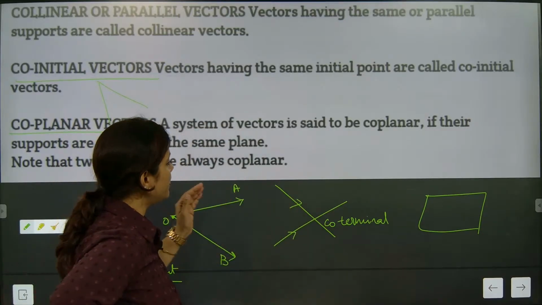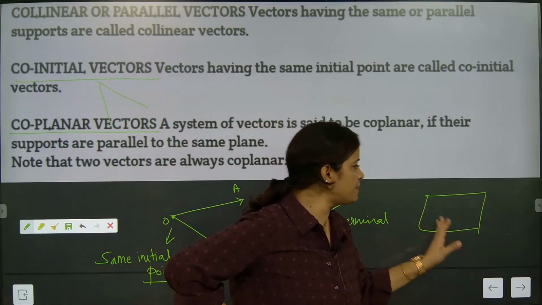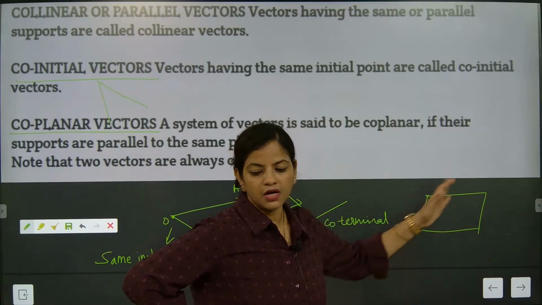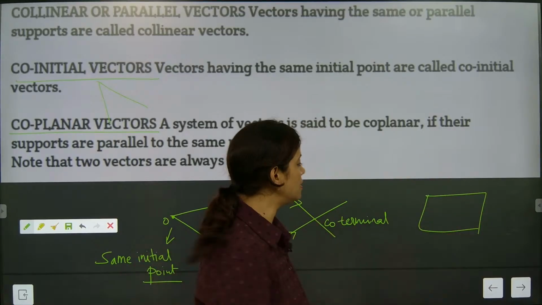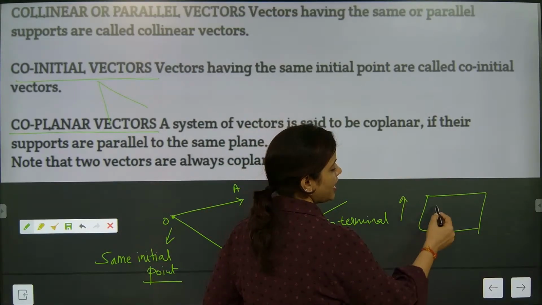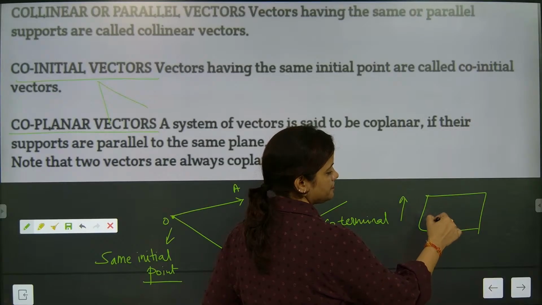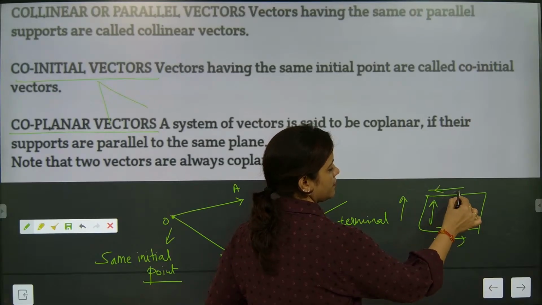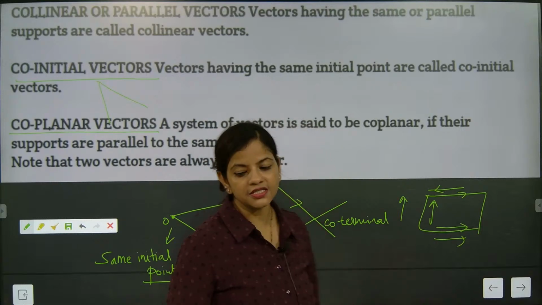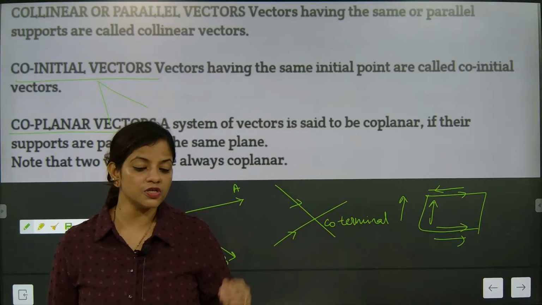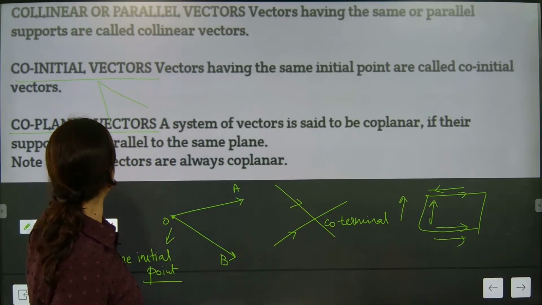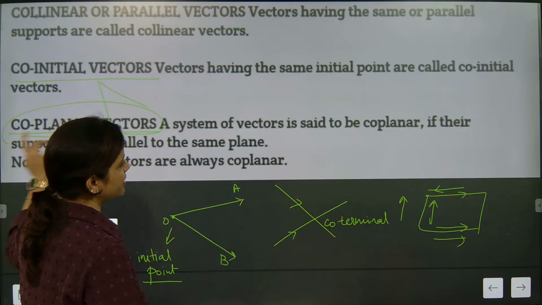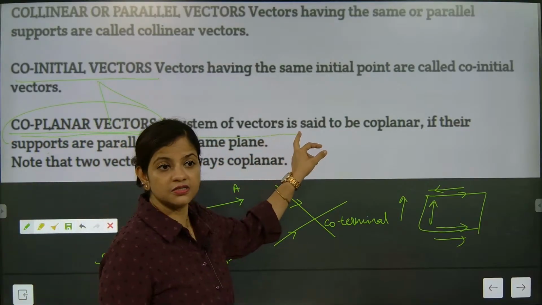Now, this is coplanar. So this is the planar part, the plane. Understood? So when a vector is parallel to the plane, the vectors come from the support and are parallel to the plane. It is considered what? Coplanar vectors. A system of vectors, not one vector.